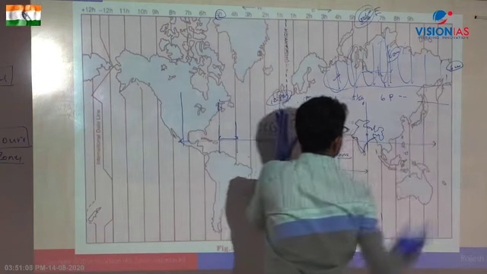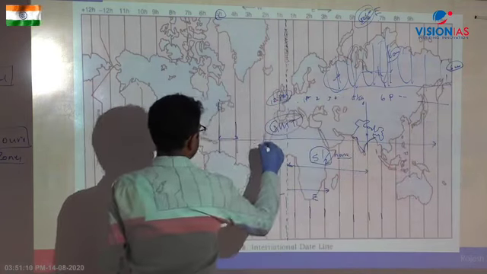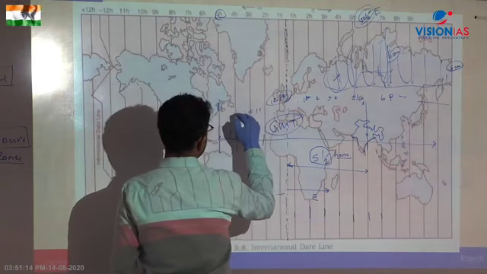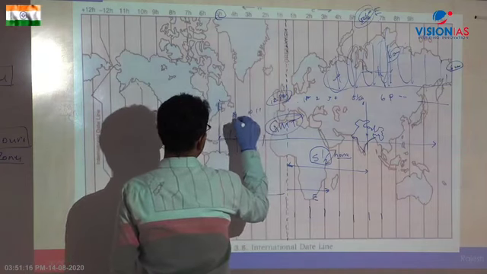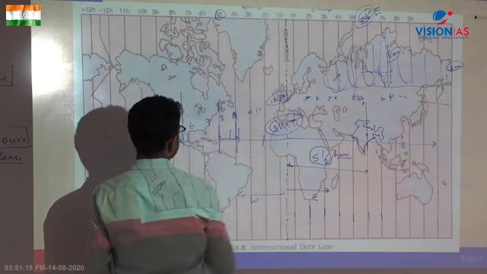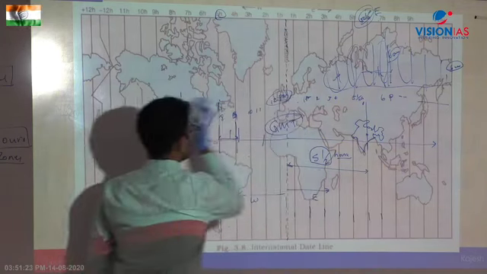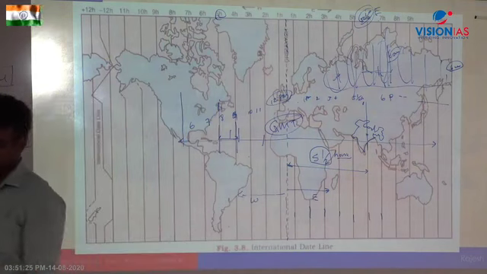So maybe this is evening, but here the sun is yet to come. It is 11 a.m., 10 a.m., 9 a.m., 8 a.m., 7 a.m., 6 a.m. The time would increase towards the east and decrease towards the west.